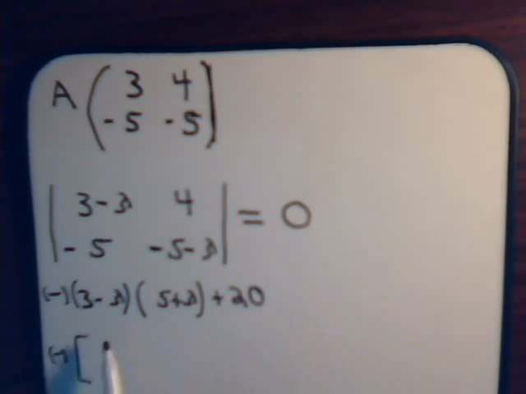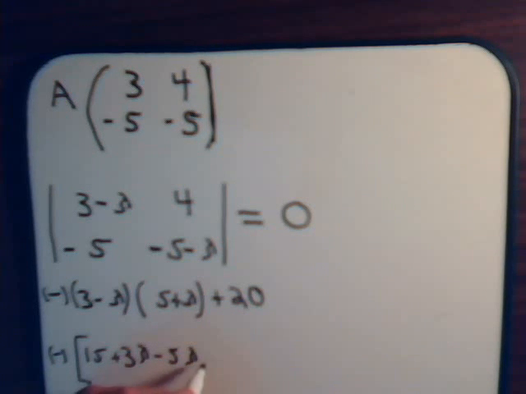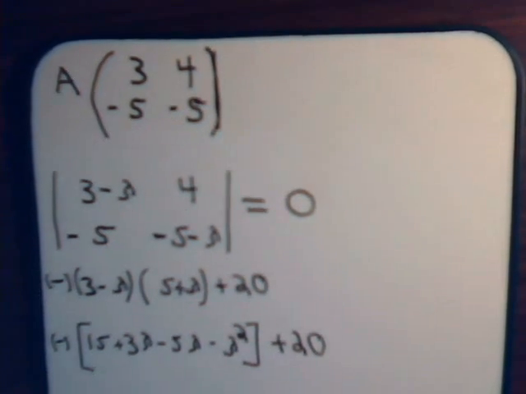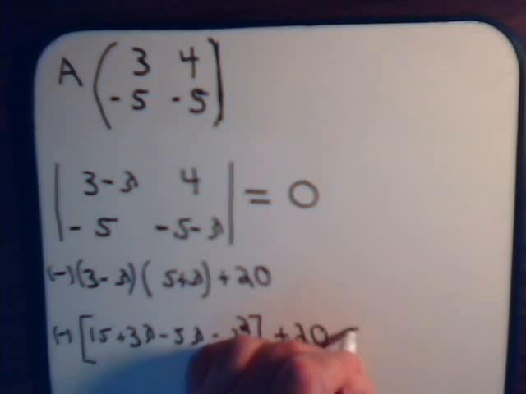And this will give us 15 plus 3 lambda minus 5 lambda minus lambda squared plus 20, and the determinant has to be equal to 0.